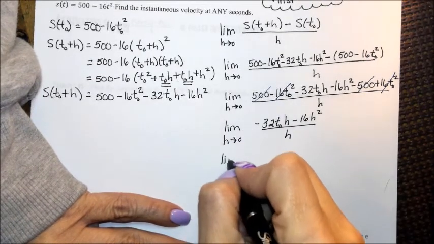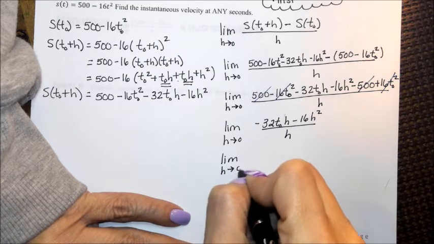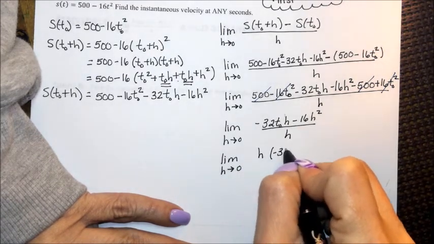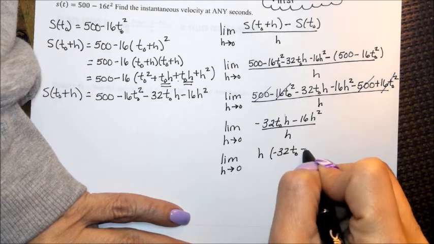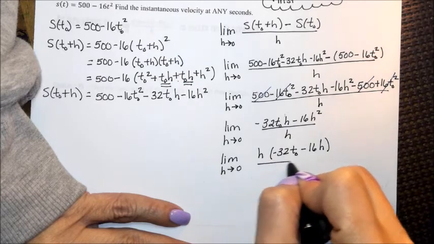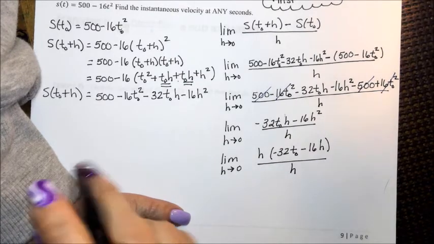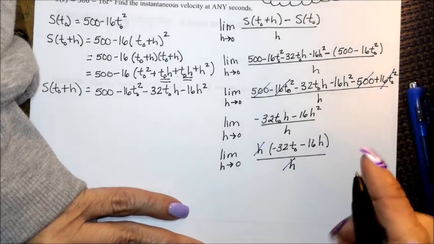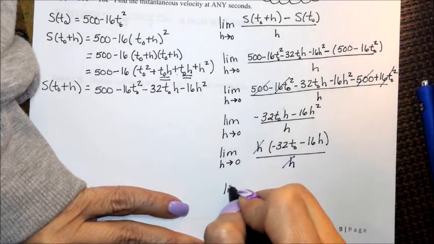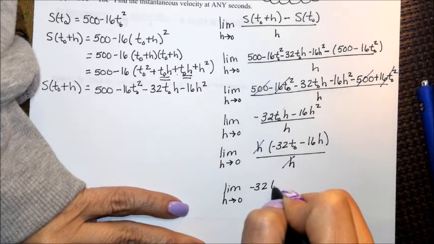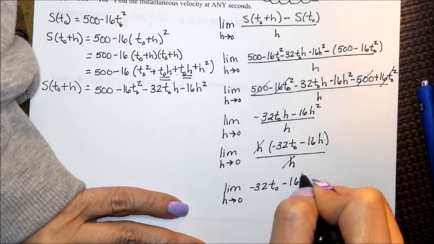I'm going to go ahead and factor this as h approaches 0. H and h, so I can pull an h out. That's negative 32 t naught minus 16. H squared is going to be h all over an h. And lo and behold, the h's cancel out, and I have the limit as h approaches 0 of negative 32 t naught minus 16 h.